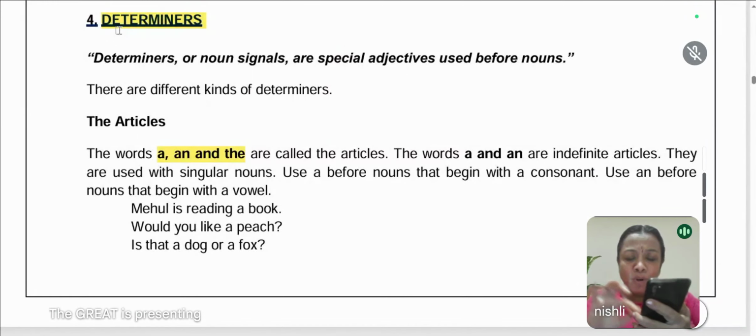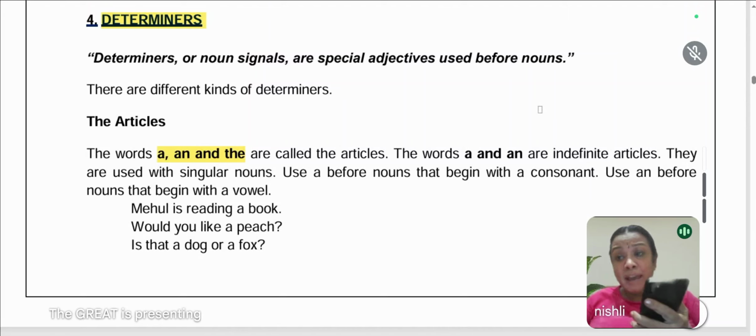Use a before a noun. So other than A, E, I, O, U, if the first letter begins with A, E, I, O, U, you have to use an. For the remaining alphabets, you have to use a. So use an before nouns that begin with a vowel.